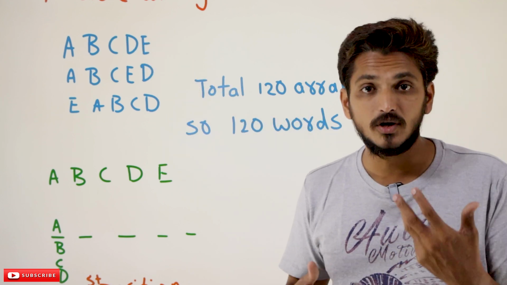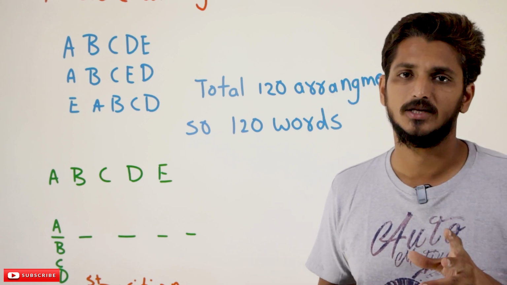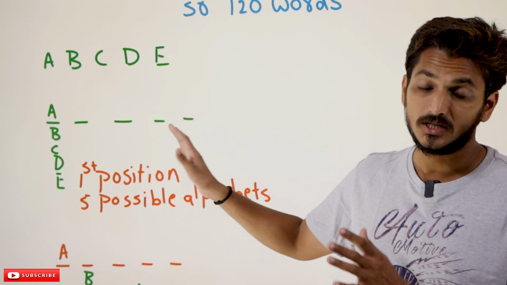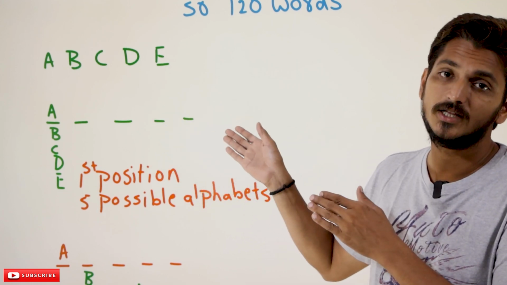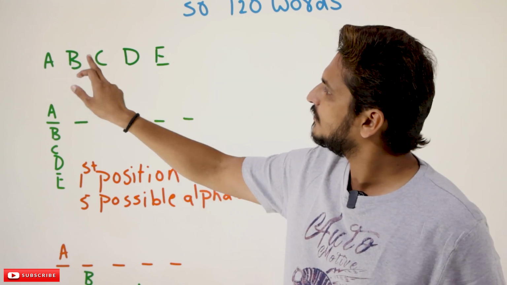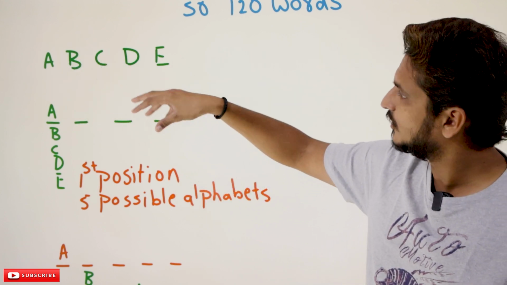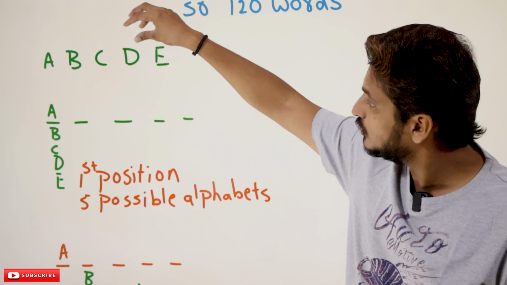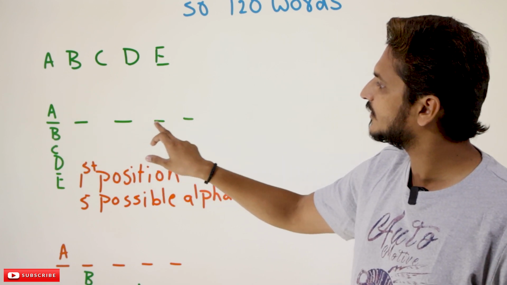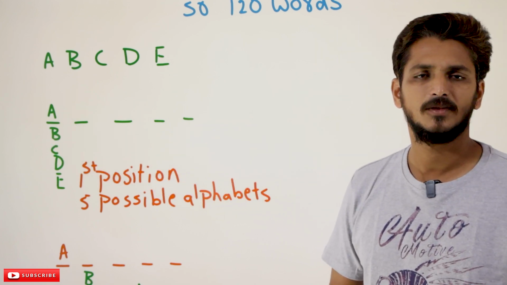How did we get those 120 different words? That is what we need to understand. Understanding this is very, very important. This basic idea helps you a lot in understanding the next examples and next classes. Given A, B, C, D, E are 5 alphabets, you have to arrange these 5 alphabets in 5 different positions.